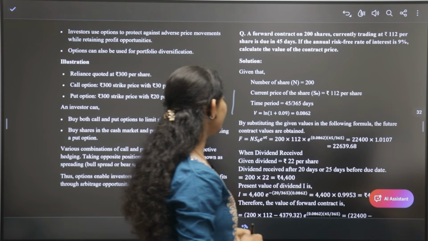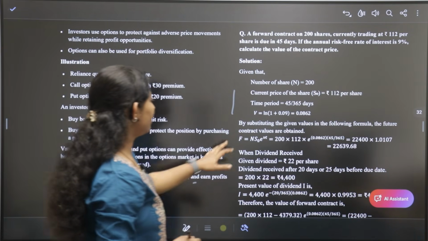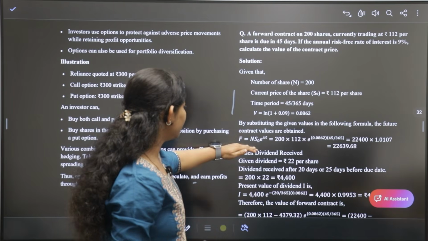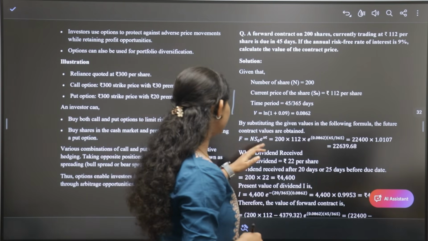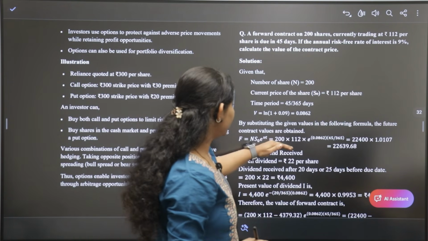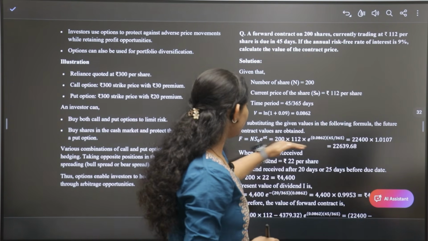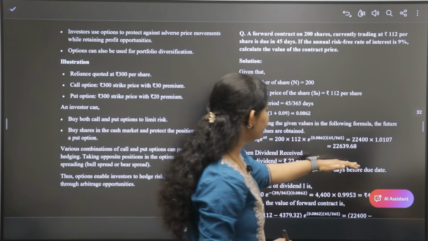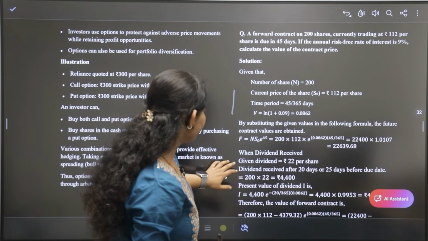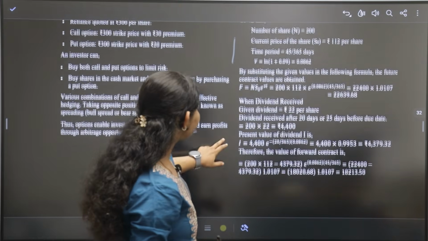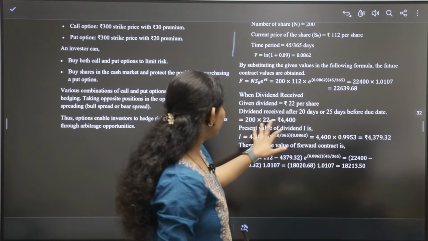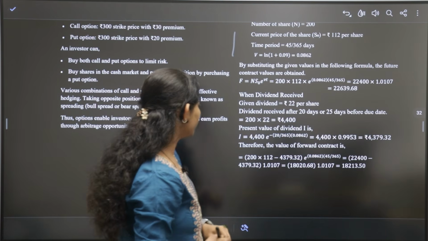Next, the rate is 1 plus 0.09, that is our 9%, which is equal to 0.862. Here we substitute the given values in the formula. The formula is F equals N S0 e power rT. Apply all the values in the formula and you will get 22,639.68. Here, the dividend received, given as 22 per share, so 200 into 22 is 4,400.